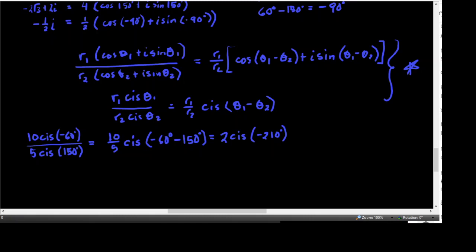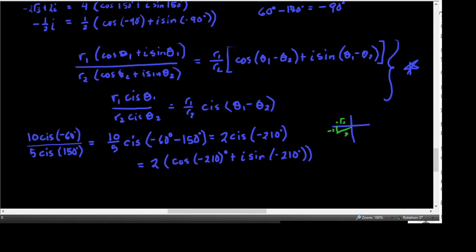So this is where you need to know that cis notation in the expanded form, because to go to rectangular form you need to think of this as 2 times the quantity cosine of negative 210 degrees plus i sine of negative 210 degrees. Okay, so I'm thinking of 210 degrees. Terminates right here. This is negative square root of 3. This is negative 1.